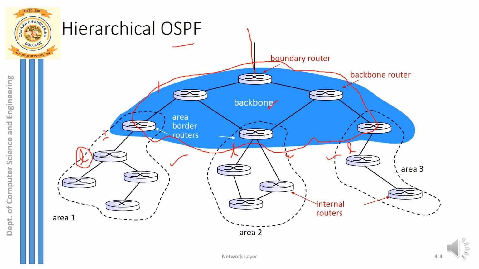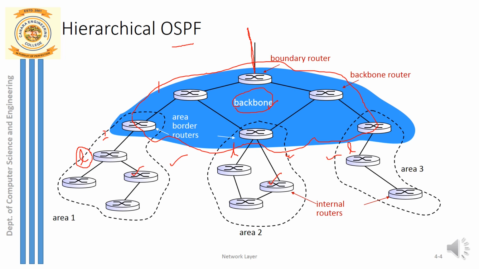Or if any one router in area 1 wants to send a packet to a router in area 2, that packet also can be redirected via the backbone. The backbone's policy is to calculate the shortest path to redirect the packets.